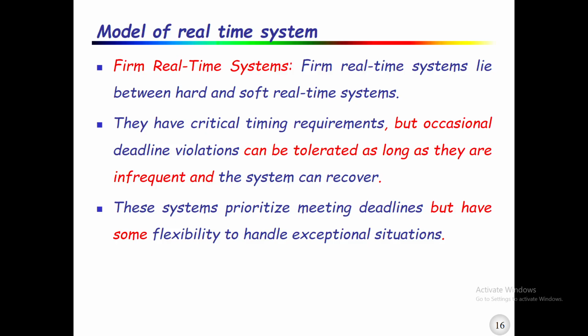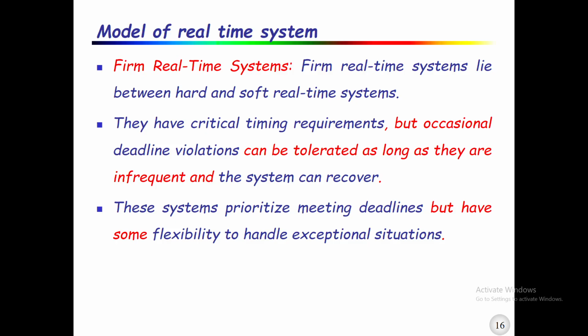And the last, or third model, is the firm real-time system. It lies between the hard and soft real-time systems. They have critical timing requirements, but occasional deadline violations can be tolerated as long as they are infrequent and the system can recover.